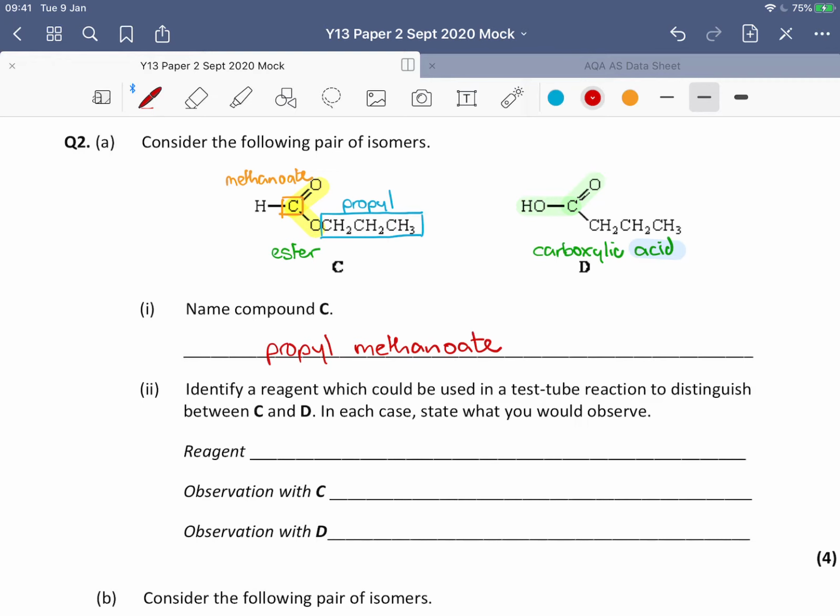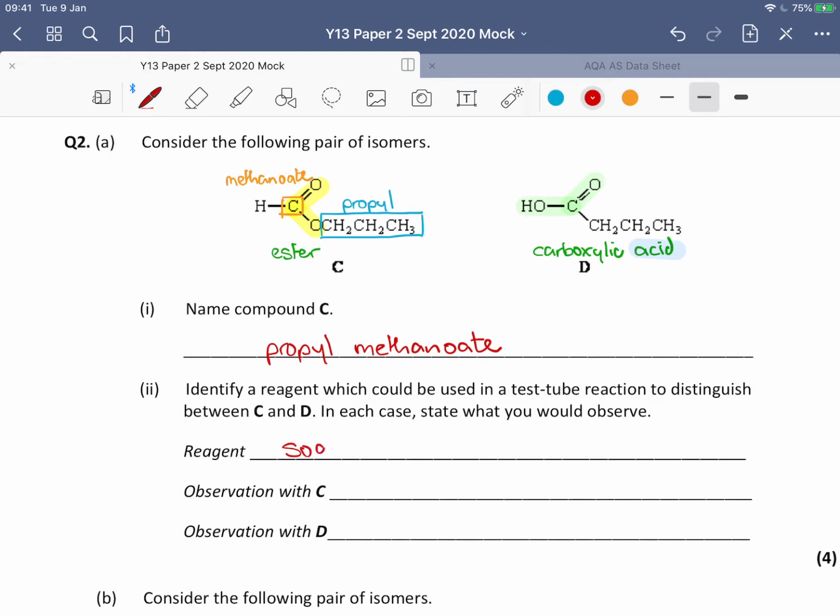And so probably the best thing to go for is a substance like sodium carbonate or sodium hydrogen carbonate. The reason to go for sodium is that all group 1 compounds, ionic compounds, are soluble, so you'll know it'll be a solution.